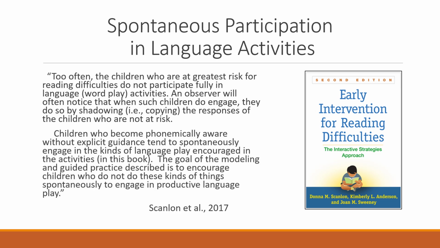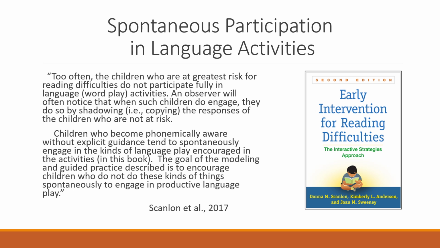Children who become phonemically aware without explicit guidance tend to spontaneously engage in the kinds of language play encouraged in the activities in this book. The goal of the modeling and guided practice described is to encourage children who do not do these kinds of things spontaneously to engage in productive language play."